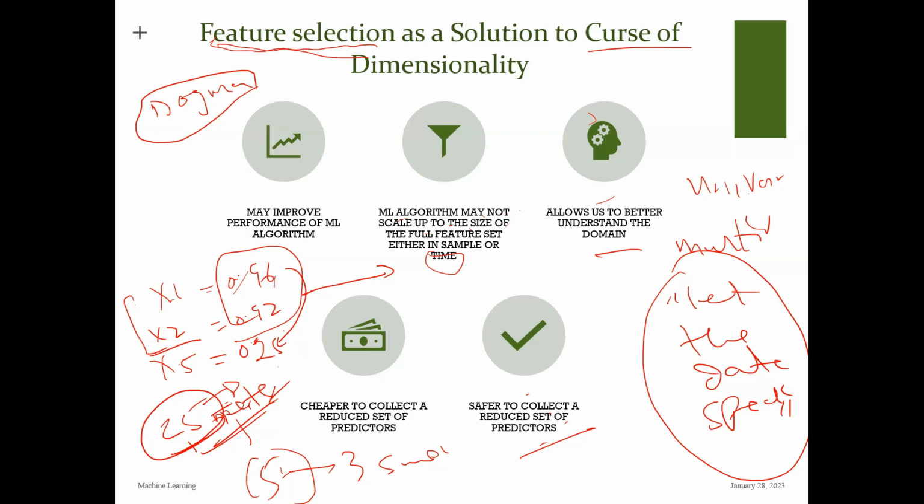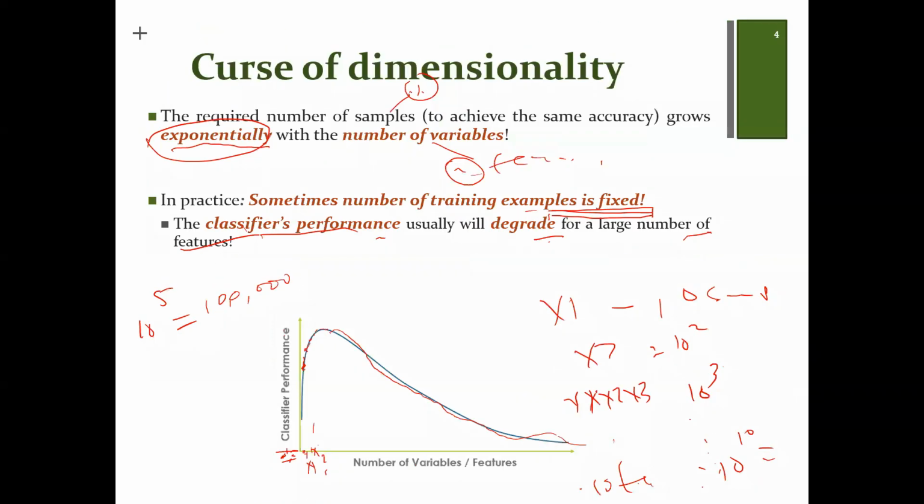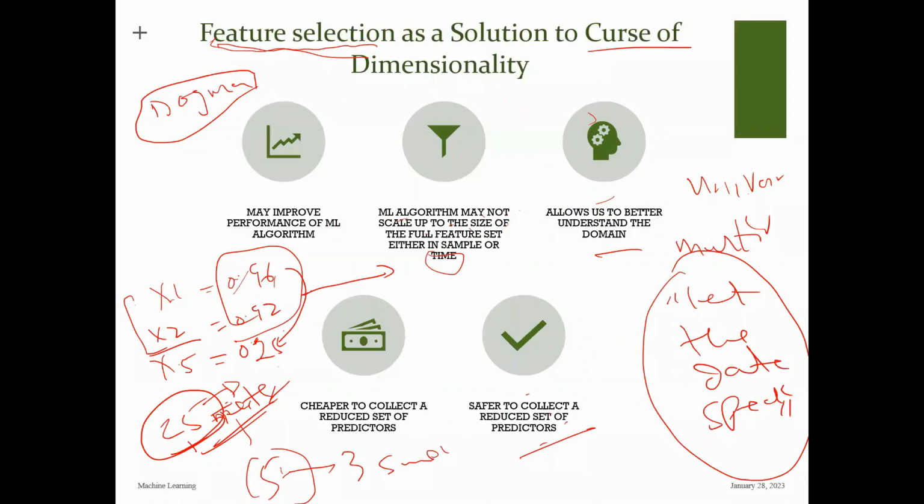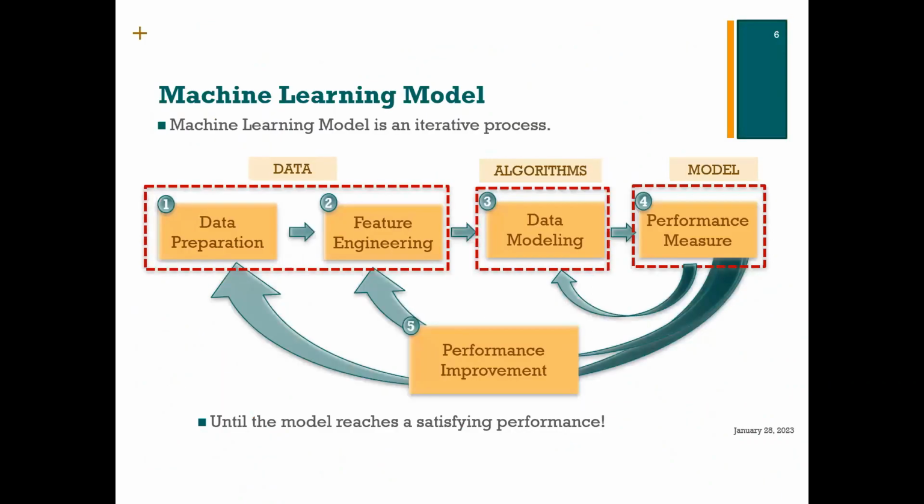This is the concept that we refer to as cost of dimensionality: the moment the dimension of your data, especially the features, is very high in number, then you can expect that your algorithm might not be able to scale to the better modeling of that particular system, in which case we have to ask, okay, what is the way out? Then the solution is feature selection, or as the case may be.